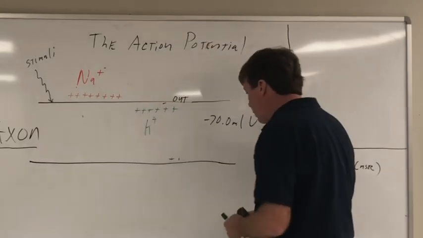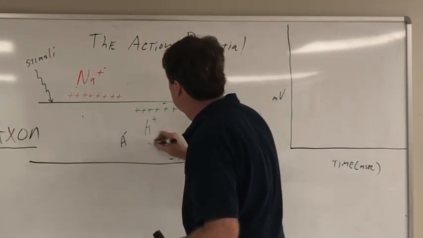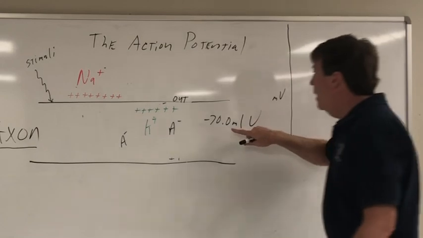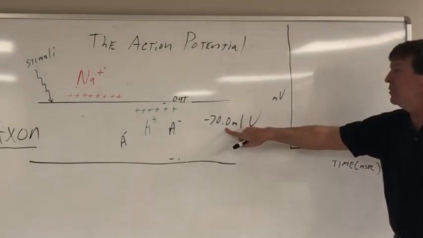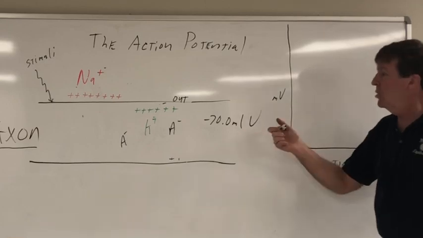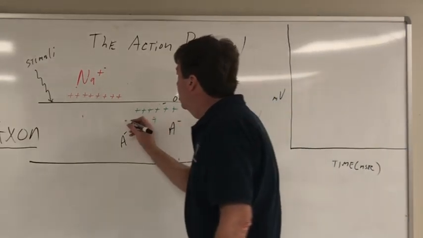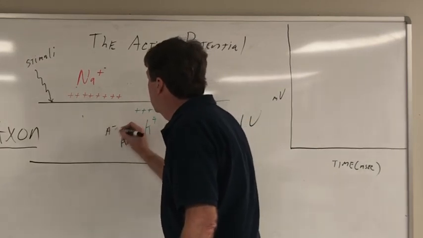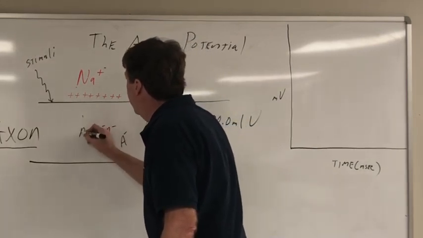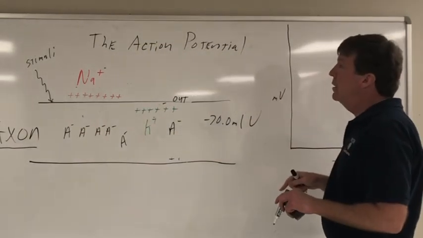But remember, we have these negatively charged anions here. And again, we've got that negative 70 resting potential here. So let's just worry about the negatives here. So notice I can put more anions here to represent that negative 70 millivolts.